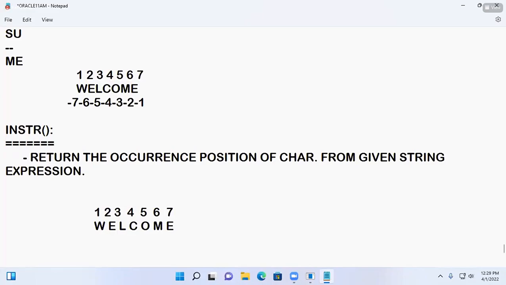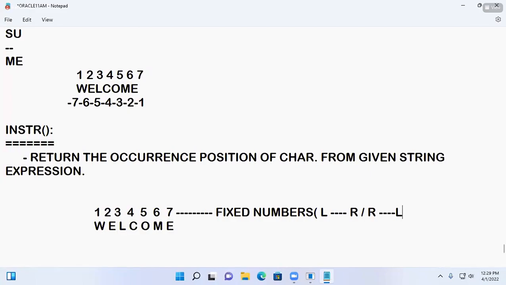That means either you want to find out your occurrence character from the left to right, right to left, whatever it is. But your positions are there, na? Which positions? These position numbers are there, na? These position numbers are what we said here, fixed numbers. It was what? Fixed numbers, either what I'm saying here, left to right or right to left.